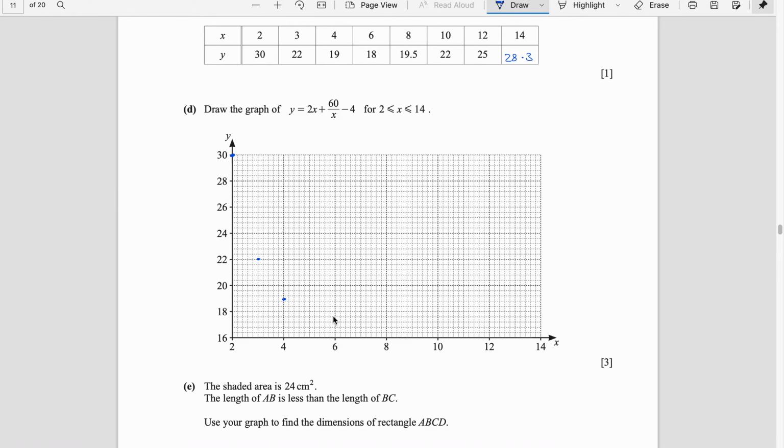At 6 it is 18. At 8 that is 19.5. At 10 this is 22. At 12 that is 25, and at 14 we have 28.3. And I'm trying to get a curve as smooth as possible. Okay, and there we go.